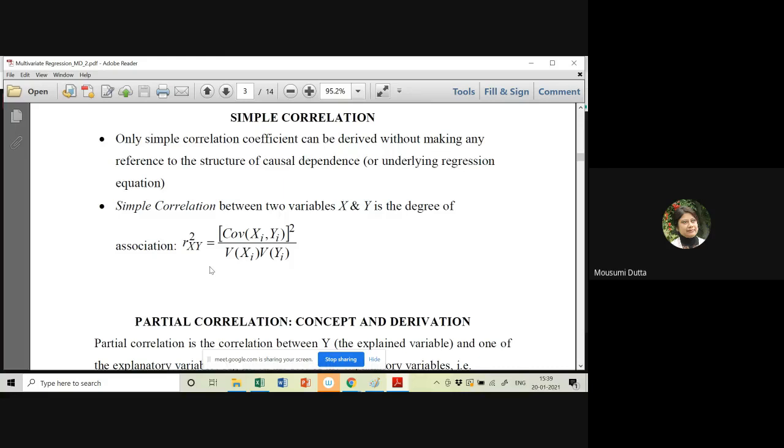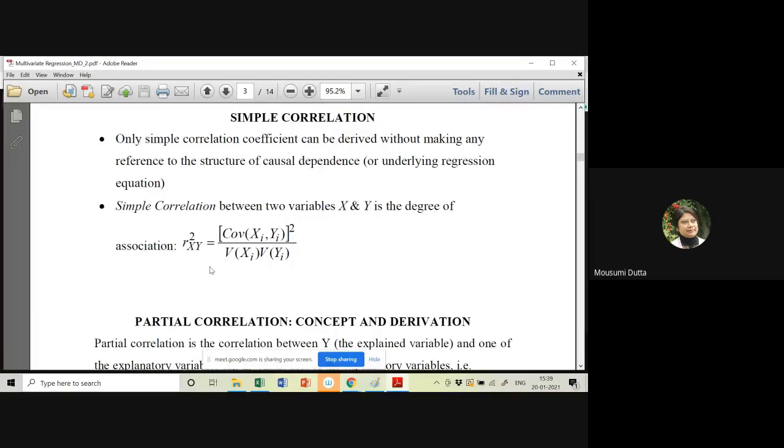So calculation of simple correlation is possible between one x and y, several x and y, all x and y. We can leave y. We can consider only the x variables, a subset of x variables you may consider, or you may consider the entire set of explanatory variables. So depending on the context, we will consider the simple correlation.